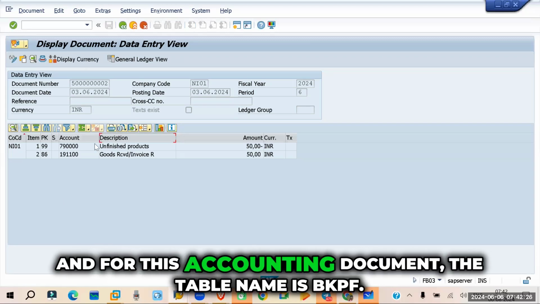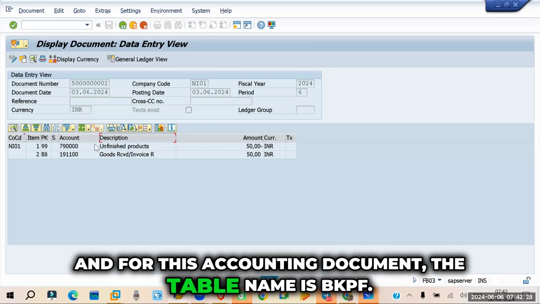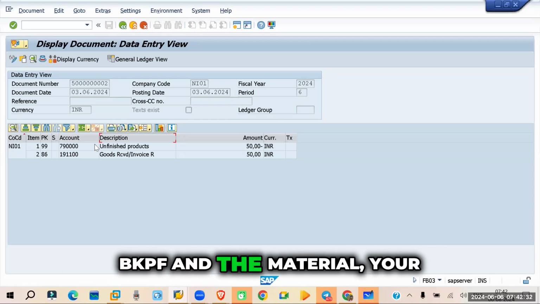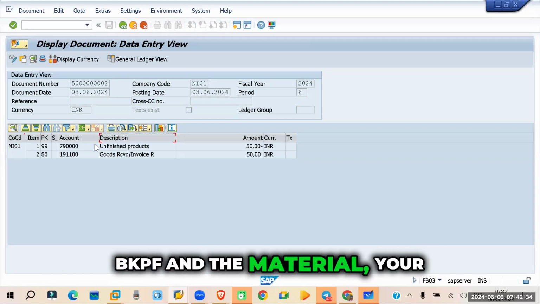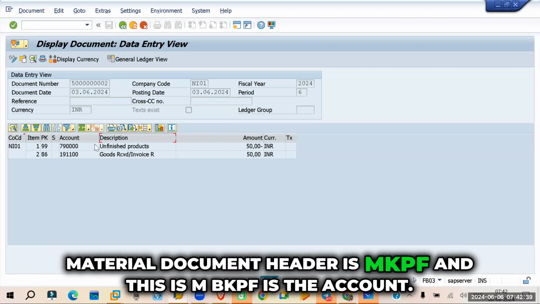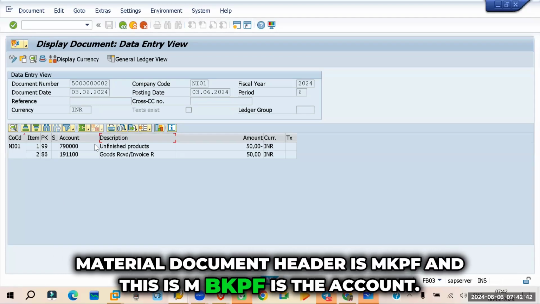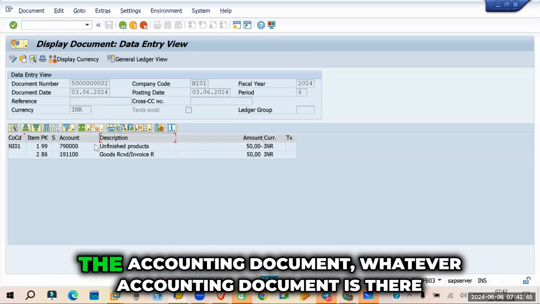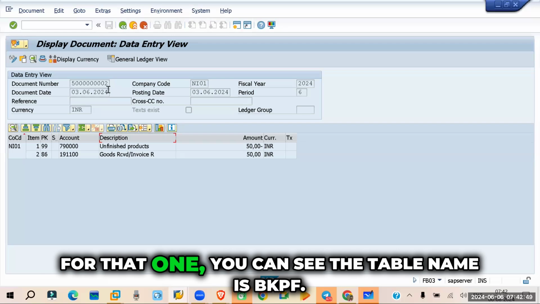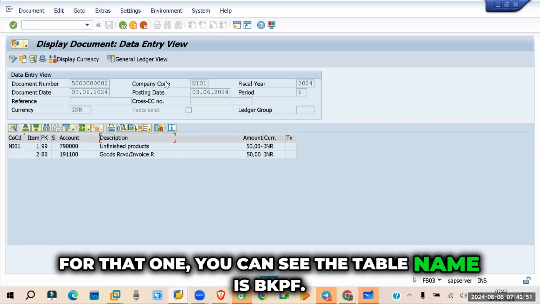For this accounting document, the table name is BKPF. Your material document header is MKPF, and BKPF is the accounting document. Whatever accounting document is there, you can see the table name is BKPF.